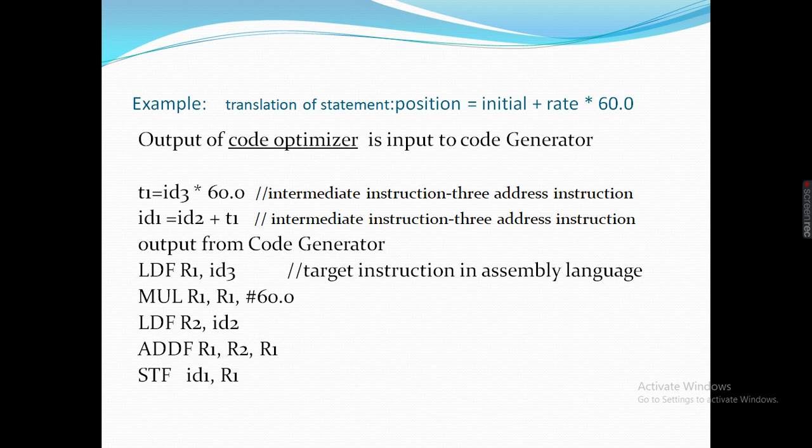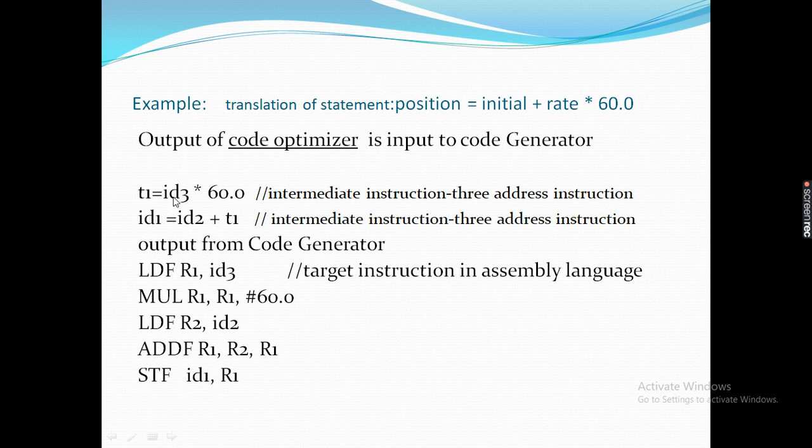So the instruction set is a set of instructions recognized by a particular processor. The first task of the code generator is instruction selection, which involves selecting the particular instruction from the instruction set to translate each intermediate instruction. So let us translate the first intermediate instruction.